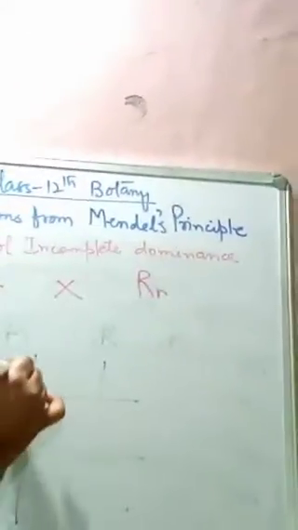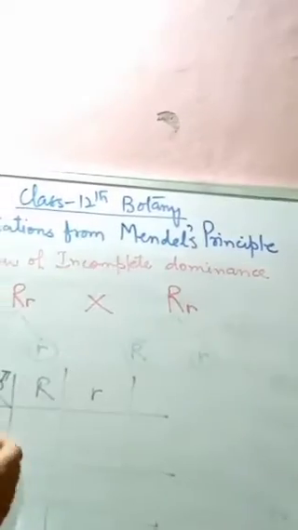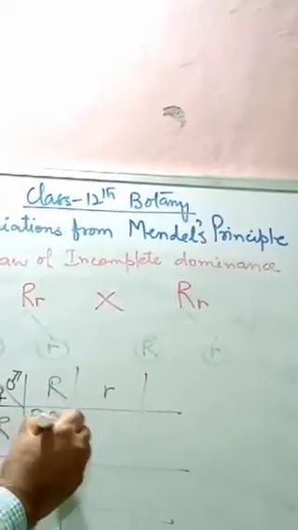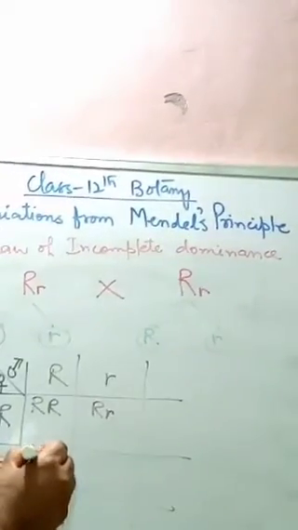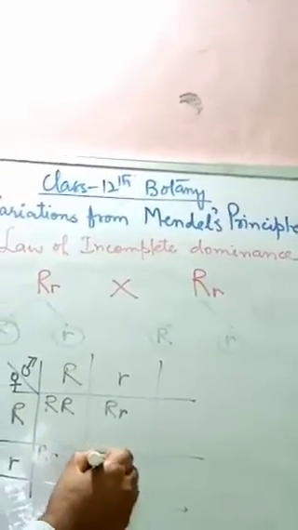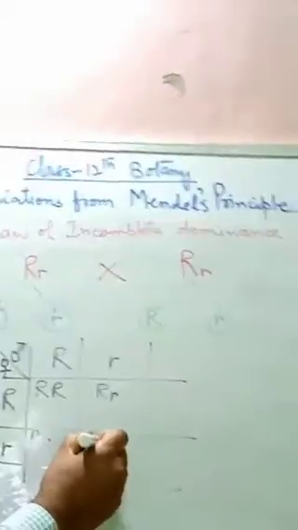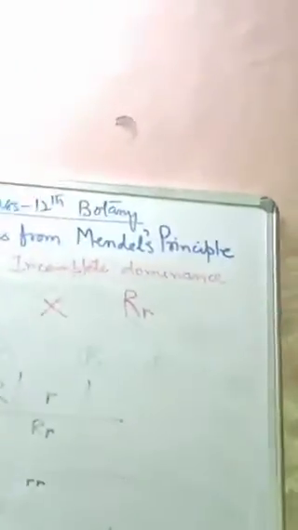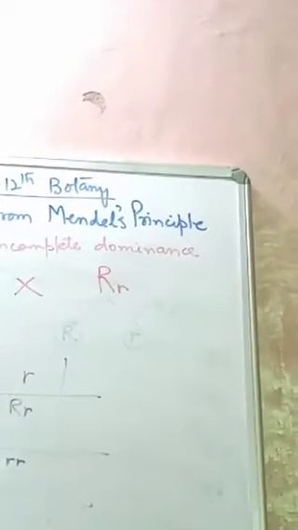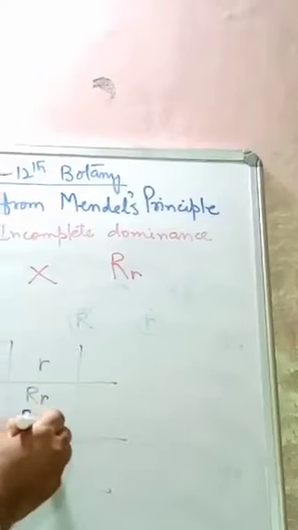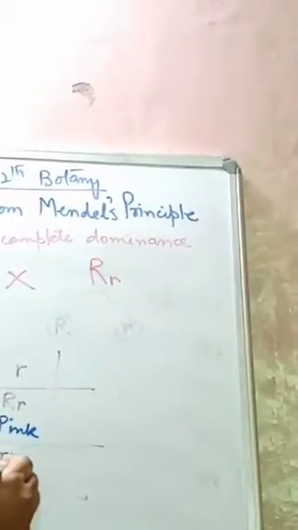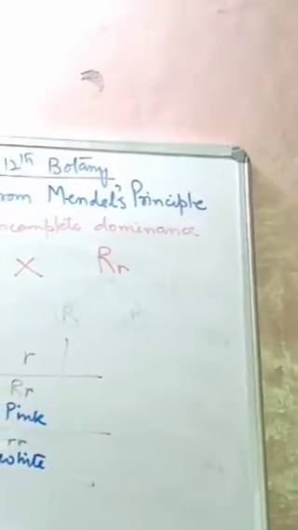Capital R, small r, capital R, small r. What will be the result? This is RR, this is Rr, this is again Rr, and this is small r small r. Now when we see the phenotype, this will be red, this will be pink, this will be pink, and this will be white.